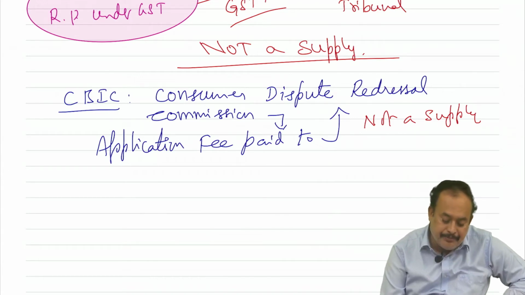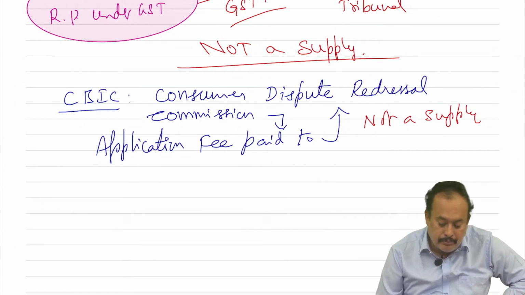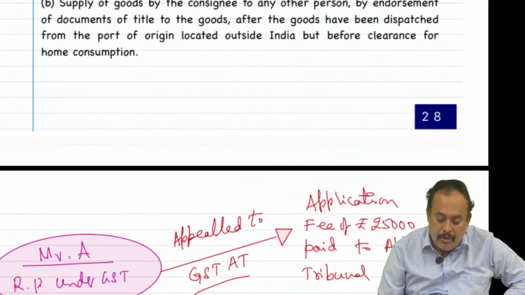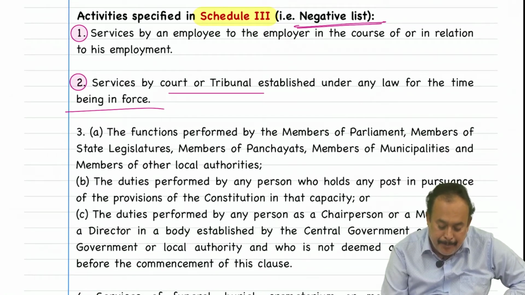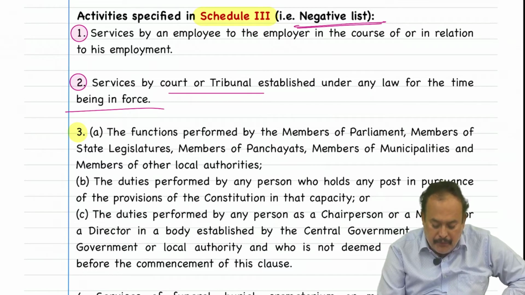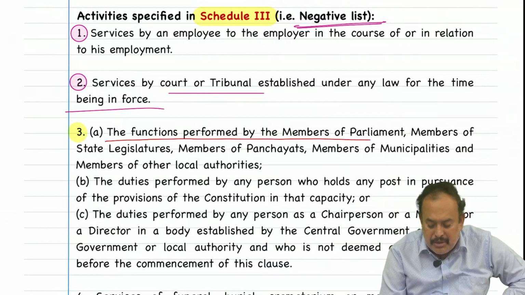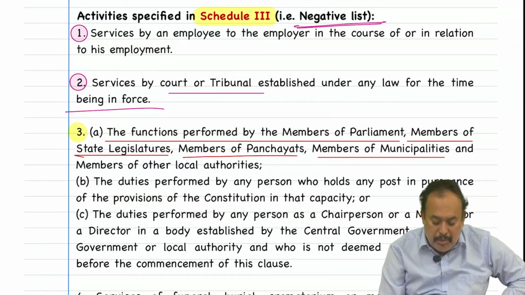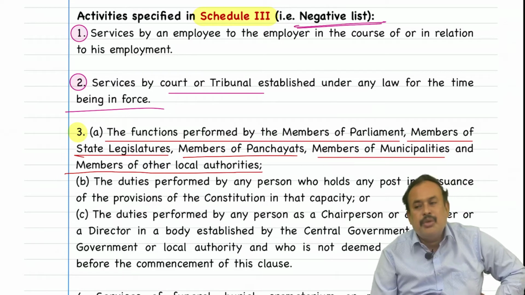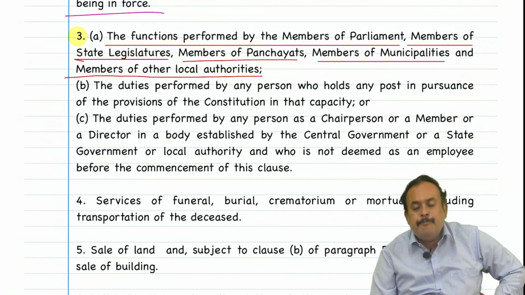Further, my dear friends, point number 3 in the negative list: the functions performed by the members of the parliament, members of the state legislatures, members of the panchayats, members of the municipalities and members of other local authorities do not attract GST at all.